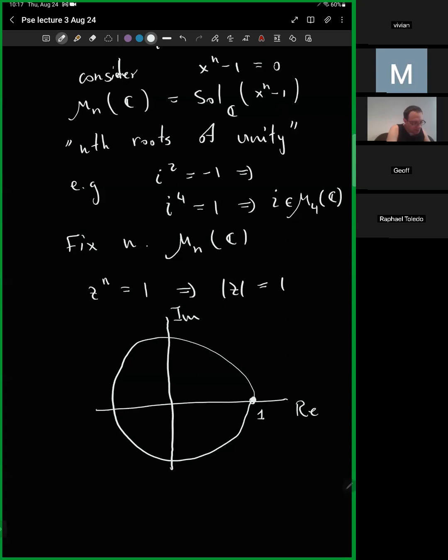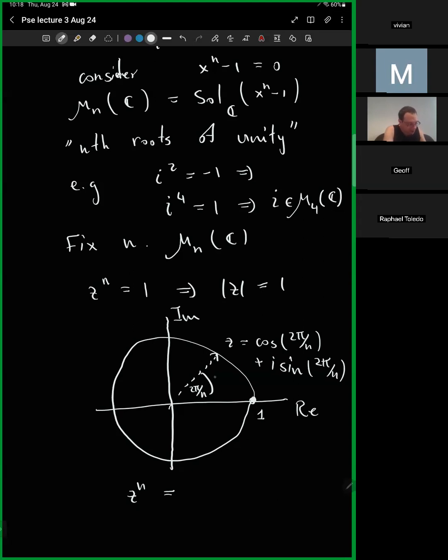But then, if I take an angle which is 2 pi over n, let's say z is equal to cosine 2 pi over n plus i sine 2 pi over n, then when I do z to the n, it's simply adding the angle of z, n times.